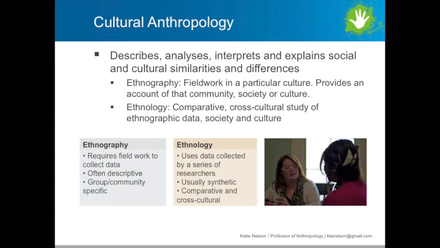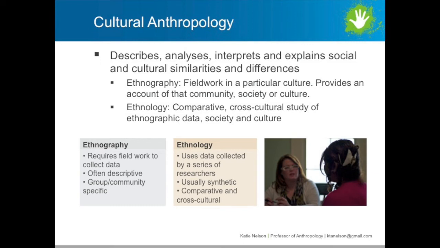Okay, slide 11. Now we're going to look at the four subdisciplines of anthropology in more detail, starting with cultural anthropology. As I mentioned before, cultural anthropology looks at people and cultural groups that are alive today.